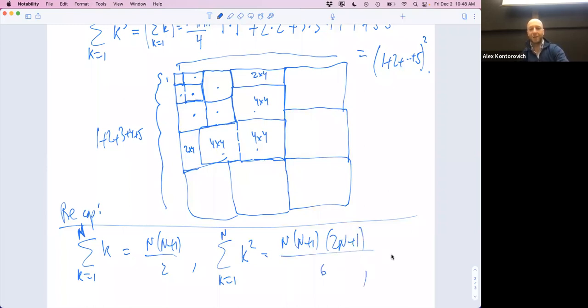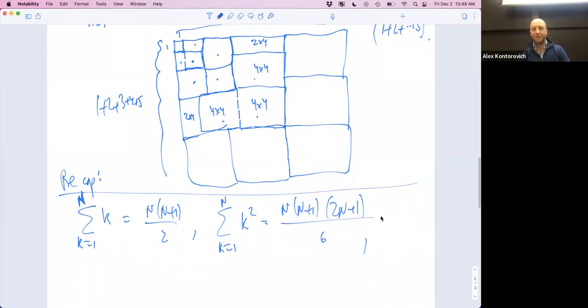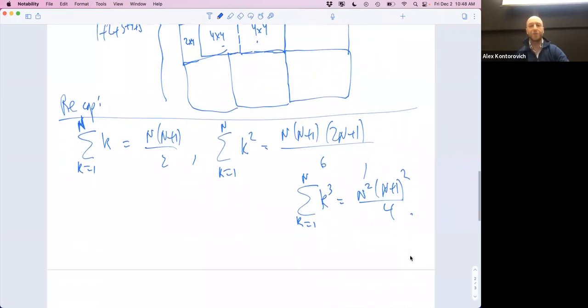Let me just write it below. And the sum of k cubed as k goes from 1 to n is what we said there. It's this quantity squared: n squared, n plus 1 squared over 2 squared. So these are three identities that we really are going to need for what we're doing going forward.